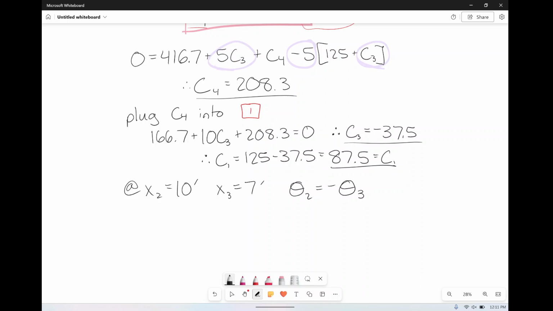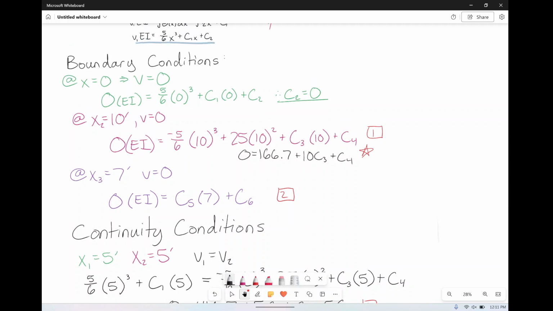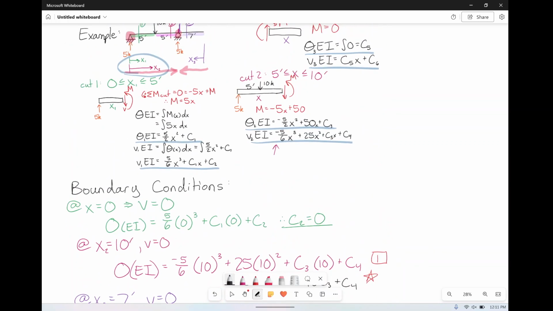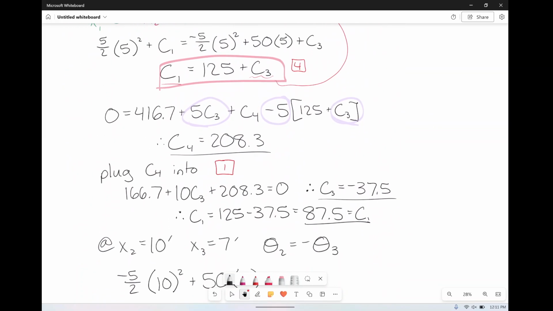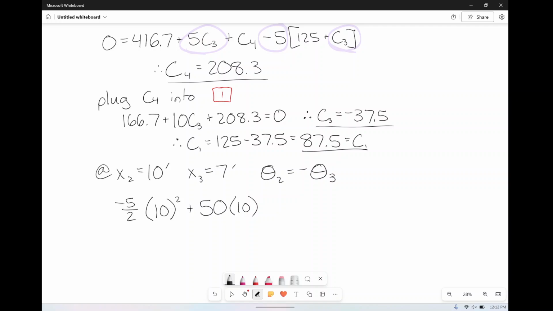So slope 2, again, is minus 5 divided by 2 times x squared, x being 10 squared, plus 50 times x, which is 10. And then what constant did we have there off into slope 2? C3. So C3 we just found is minus 37.5.